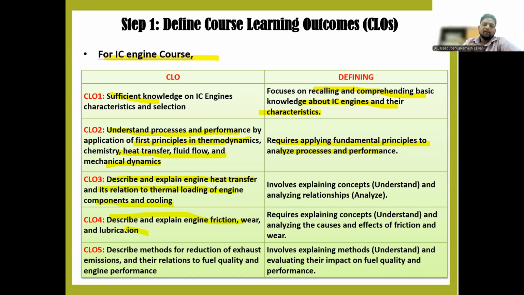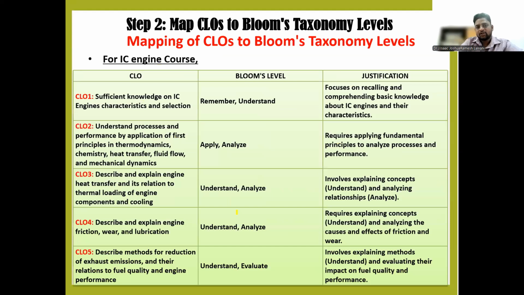This requires explaining the concepts so that the student has to understand, and analyzing the causes and effects of friction and wear. Like this, for each learning outcome of your subject, you have to define it. No need to write everything down, you just have to know this. Okay, next step.